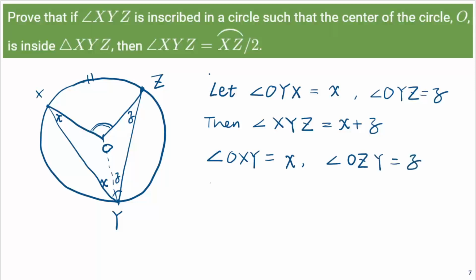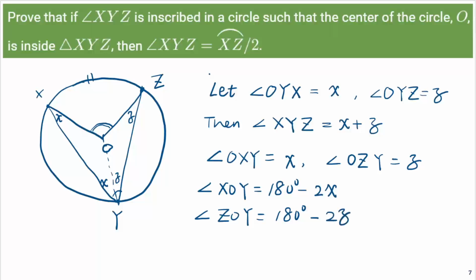Therefore, we have angle XOY equals 180 degrees minus 2x from triangle OXY, and angle ZOY equals 180 degrees minus 2z, right, from triangle OZY.